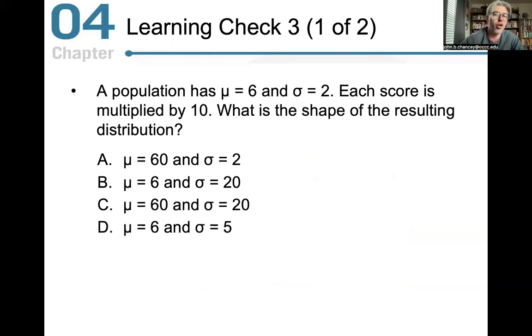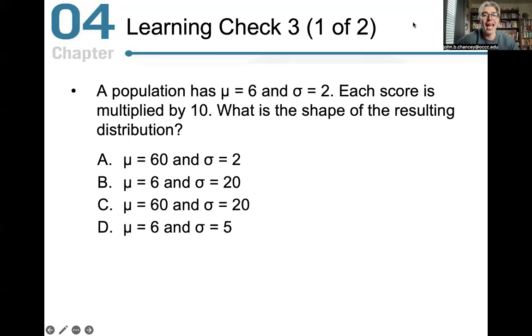Okay, so let's do another quick learning check. A population has a mean of 6, and a standard deviation of 2. Each score is multiplied by 10. What is the shape of the resulting distribution?